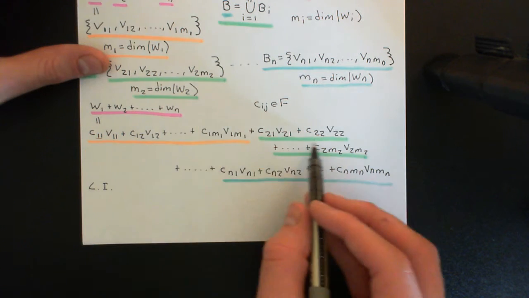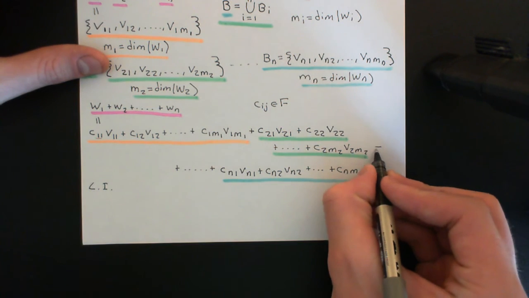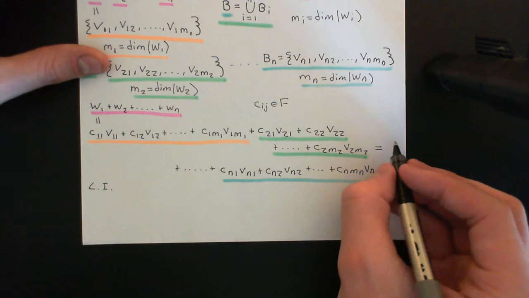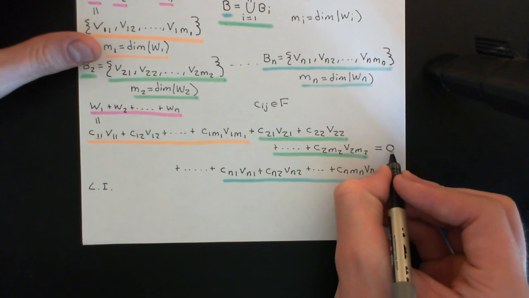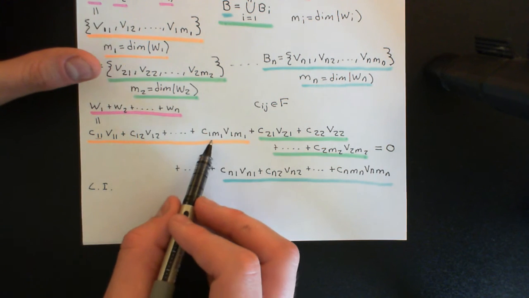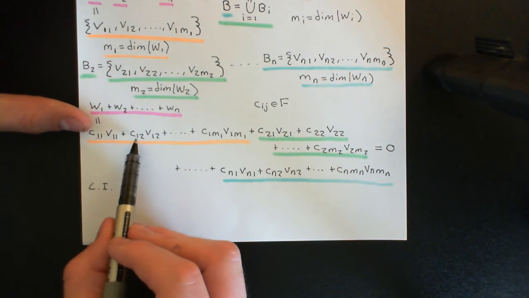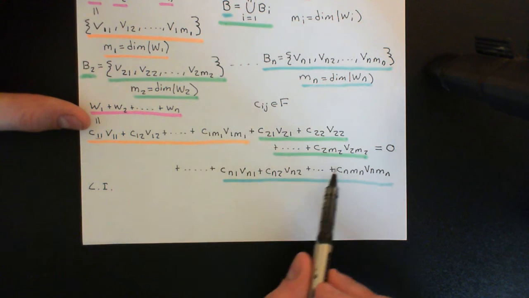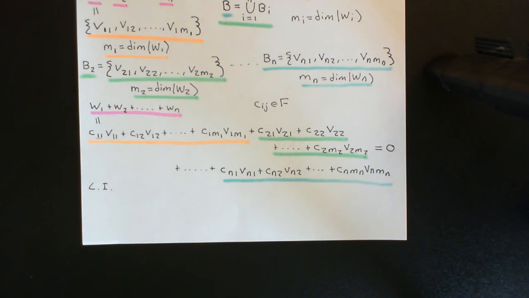After all, this is just a massive great linear combination of all my vectors in B. To avoid having to draw this entire thing out again, we are looking for a linear combination which gives us the zero vector, and we are trying to prove then that the only such linear combination which will do that is the one where all of these coefficients in front of all of these vectors are the zero in the field. So how are we actually going to do that?